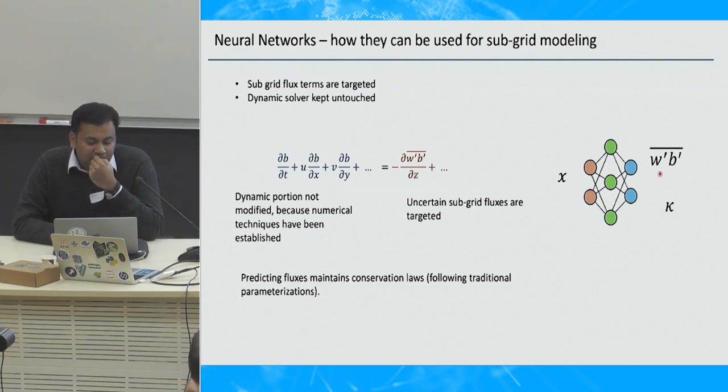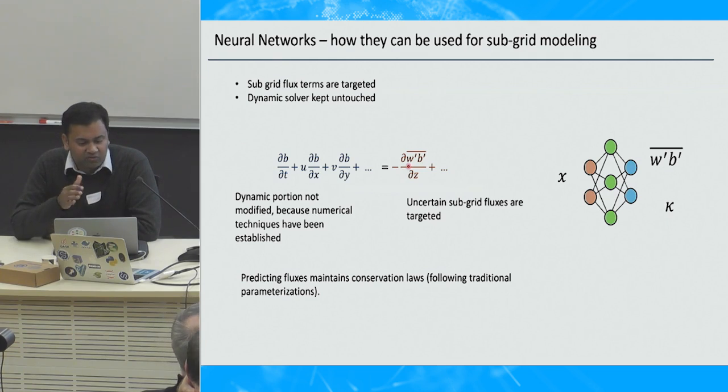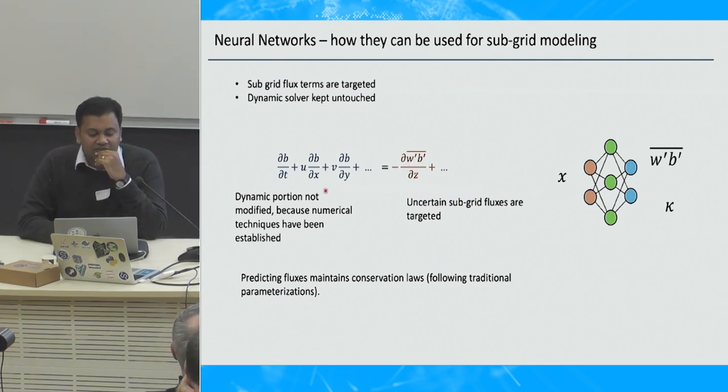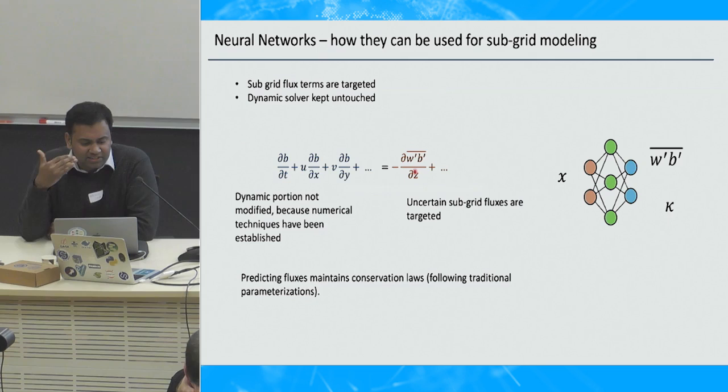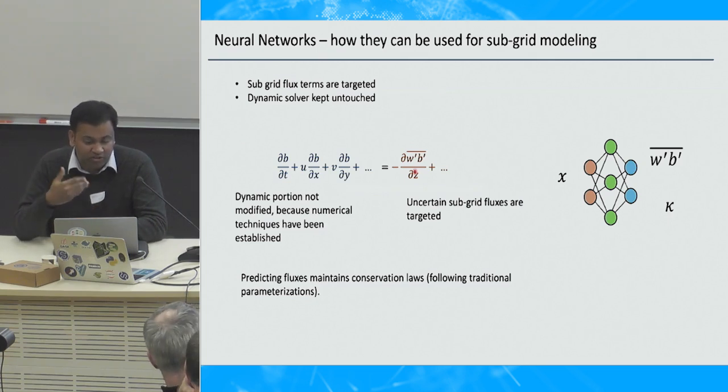In this way, you can conserve some quantity, so you're still within your traditional framework. This sort of method is called hybrid modeling, where some portion is calculated in the same traditional way, whereas the uncertain subgrid fluxes are determined by using some machine learning techniques. And so this is the background of using neural networks for subgrid modeling.